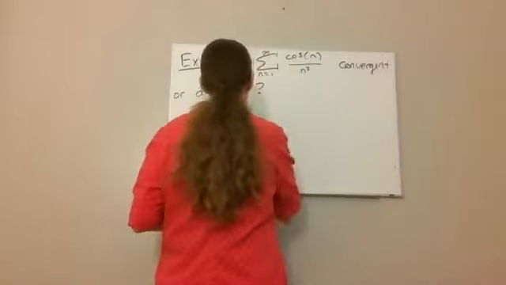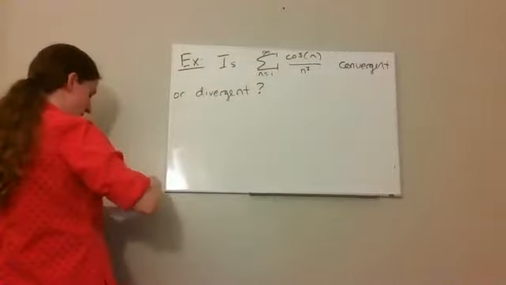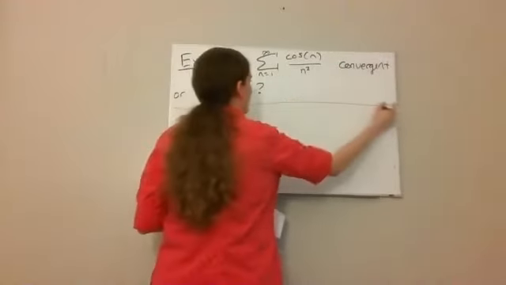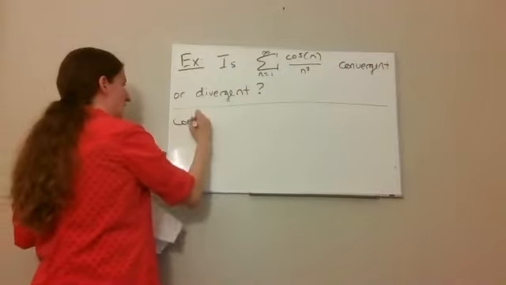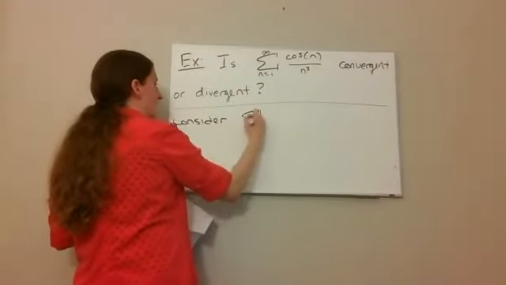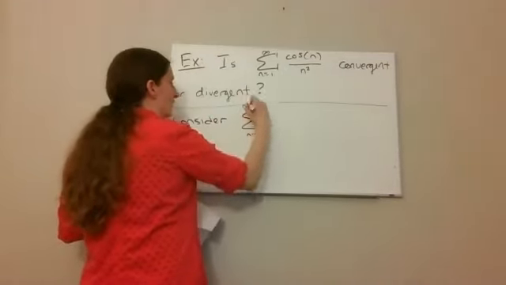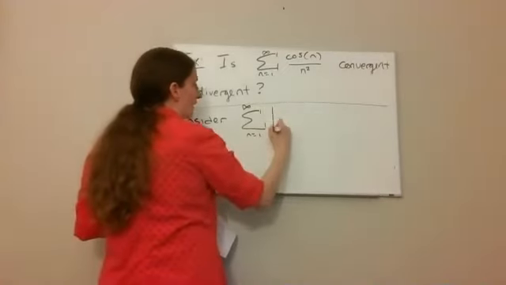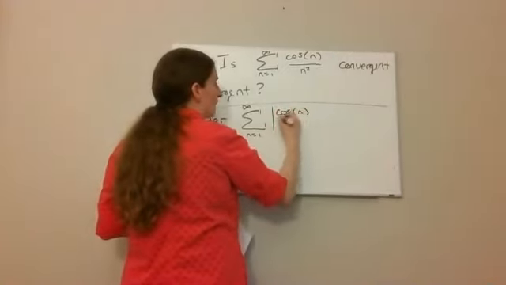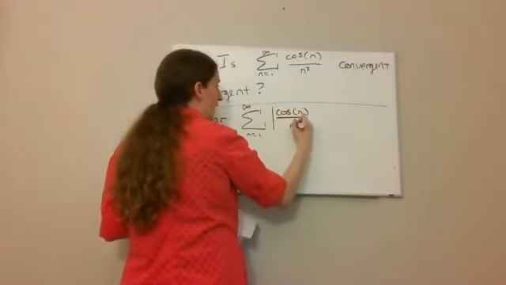So let's try taking the absolute value. Let's consider the series sum from 1 to infinity, absolute value of cosine of n over n squared.